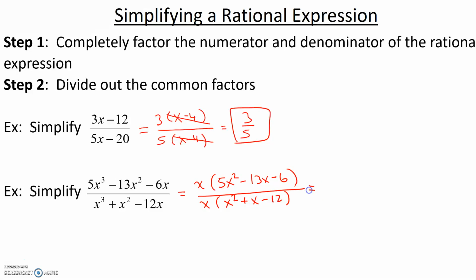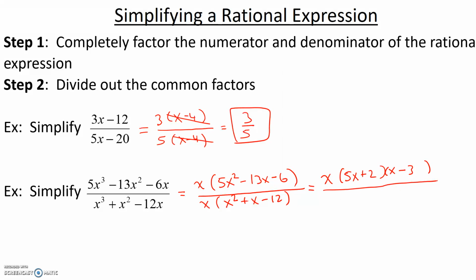Now our task will be to factor the numerator and the denominator even further. Since the coefficient of the x squared is not equal to 1, we will have to use the x factor method. When we use the x factor method, we should get 5x plus 2 times x minus 3 as the factored form of 5x squared minus 13x minus 6.